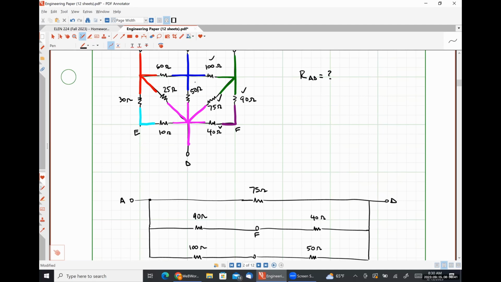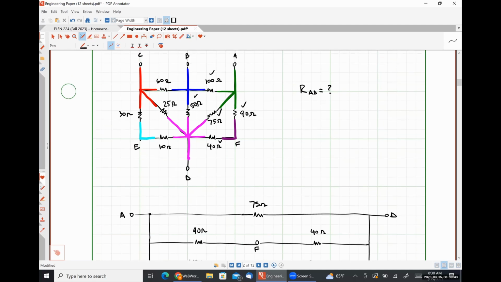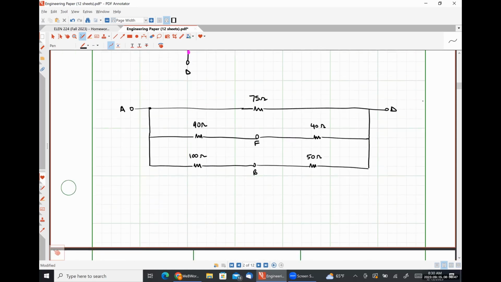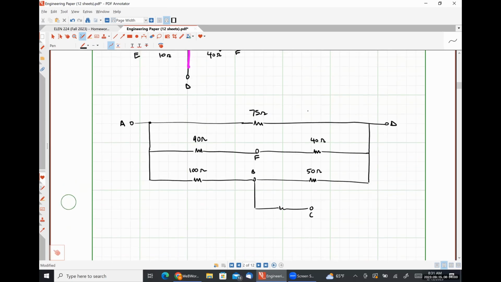So I took care of this guy and this guy. I can go from B to C to D. So let's put C here in the middle. So to go from B to C is the 60 ohm resistor.